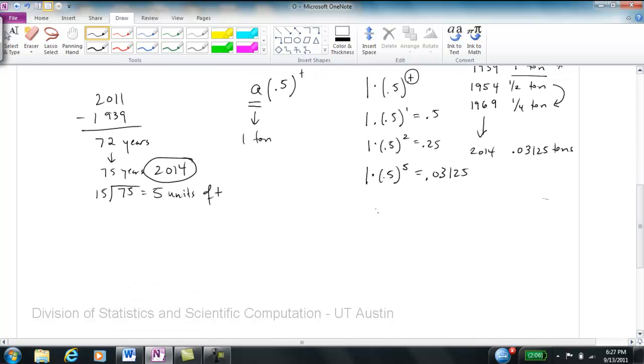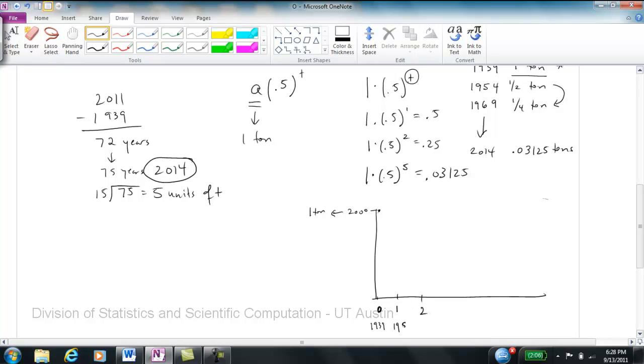Let's see if we can draw this out. So we're essentially saying that at t is equal to 1 at the very beginning, so this is going to be 1939, we have 2,000 pounds, also equal to 1 ton. At one time period in, and I'm sorry, these numbers need to be like this.